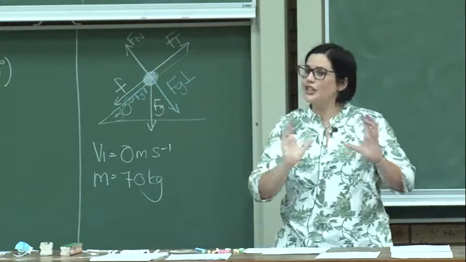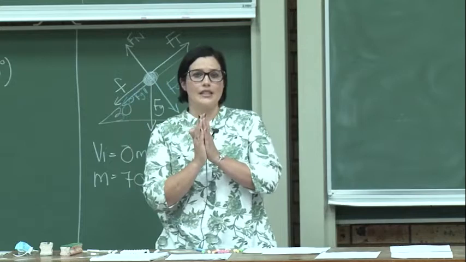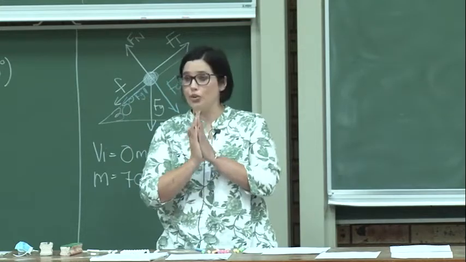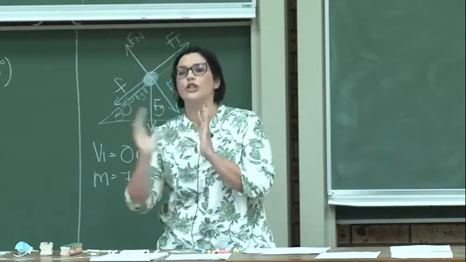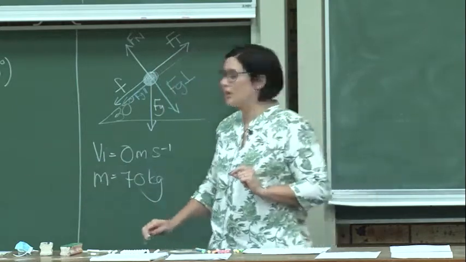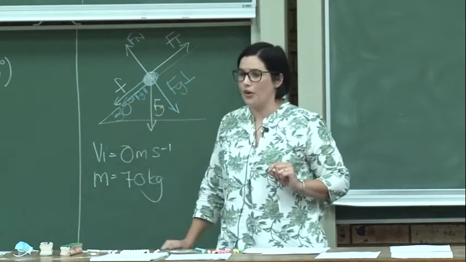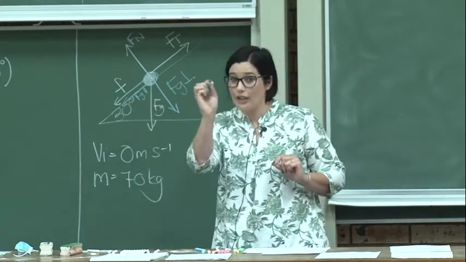You see the difference in your application. And this is what I mean when I say you need to decide which tool it is that you're going to use in your toolbox. So in this case, one of the tools will be the work done by the parallel component of weight. So I'll have to calculate that.